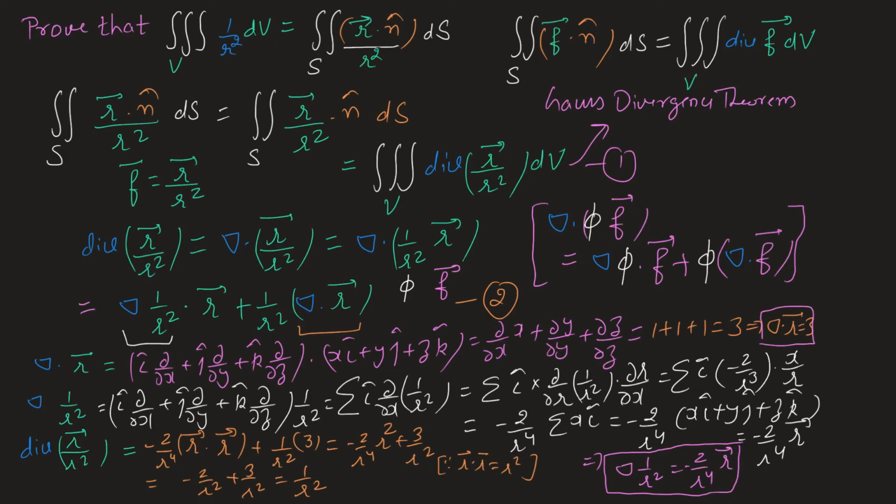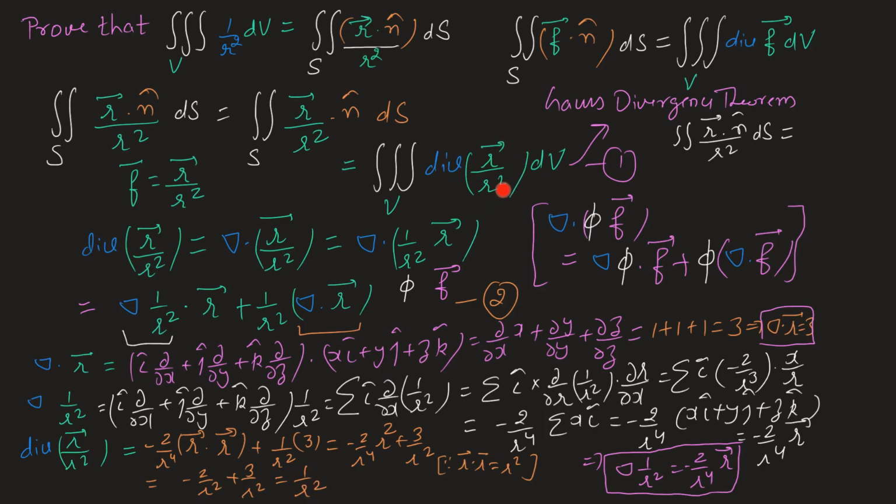Now substituting this value in equation number 1, we get the double integral of r dot n cap by r square dS is equal to the divergence of r vector by r square, whose value we have calculated as 1 by r square.